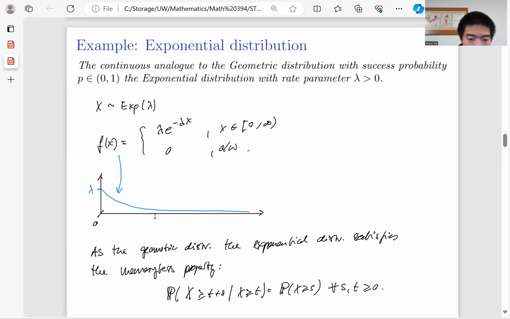Imagine t is a length and s is another length. The probability given that x is greater than t, which is this part, then t plus s for the same length, is just the probability of this part here, because it's covered out.